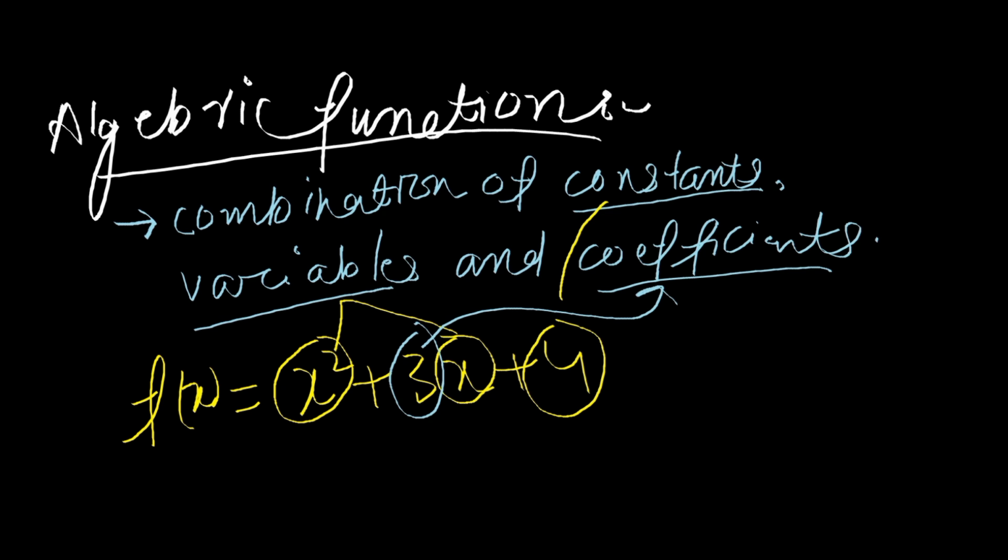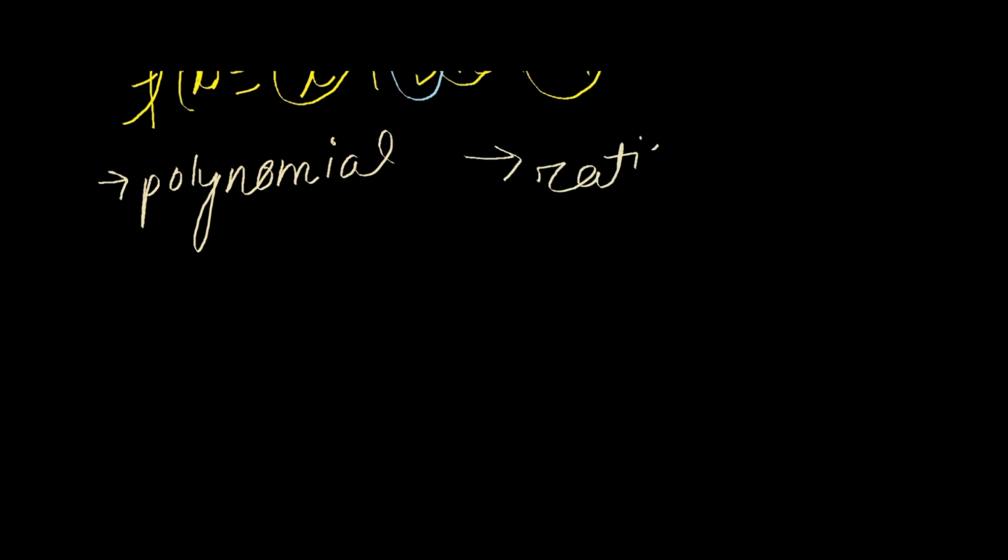So there are three types of algebraic functions. The first one is polynomial function. The second one is rational function, and the third one is irrational function.